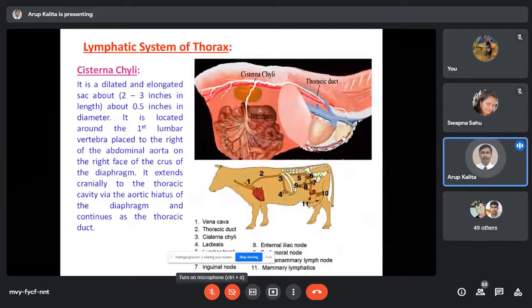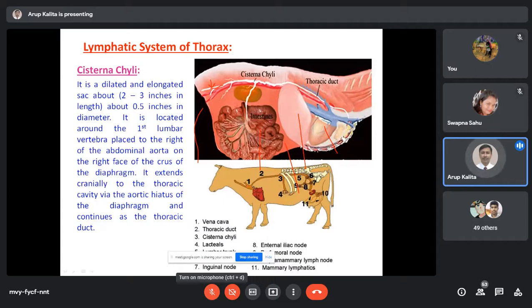Next, cisterna chyli, already I told you. Again, I am repeating. You see, this is the heart, this is the diaphragm, this is the intestine. This is intestine means this is abdomen. Now, from the whole abdomen and the pelvic part, the lymph will come via the lymphatic vessel. This is the lymphatic vessel, the white one.